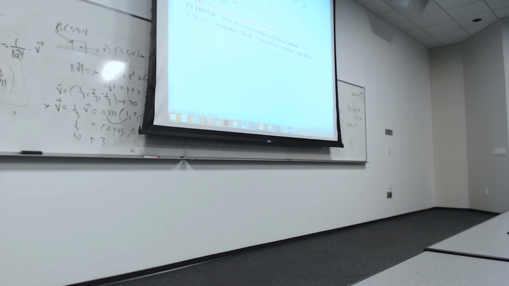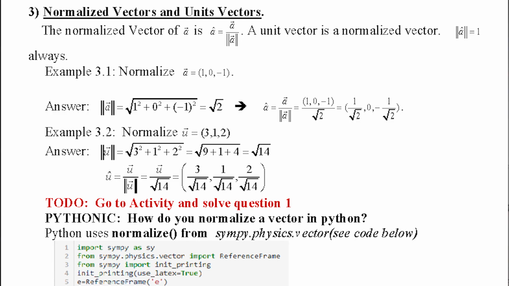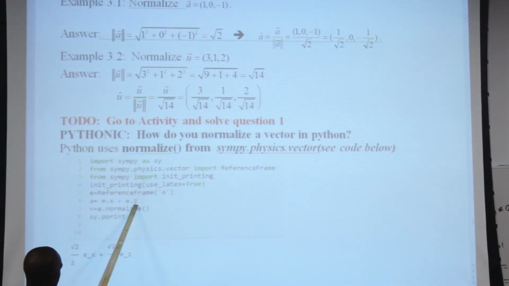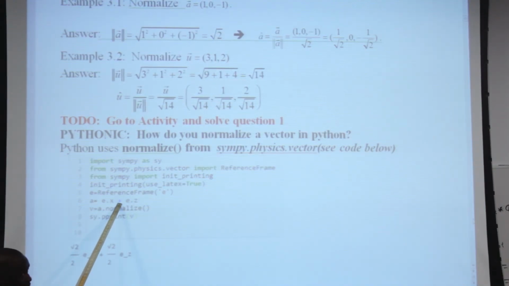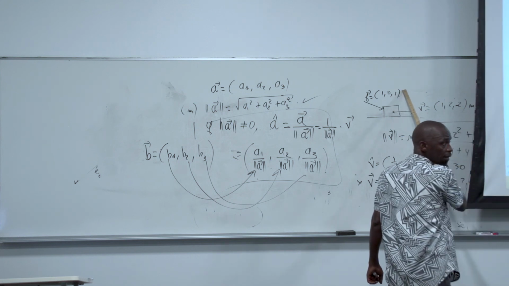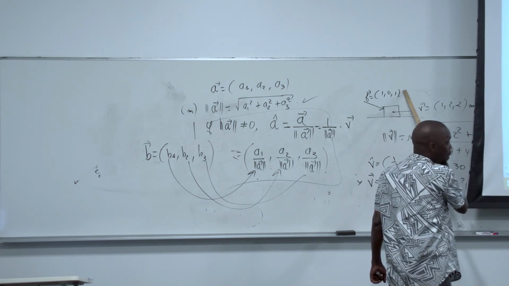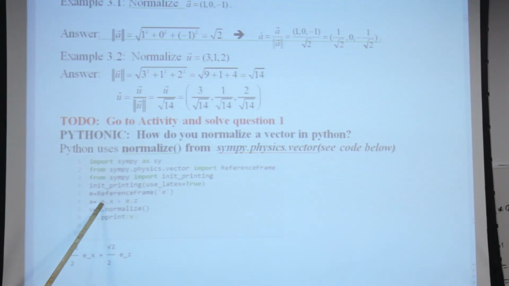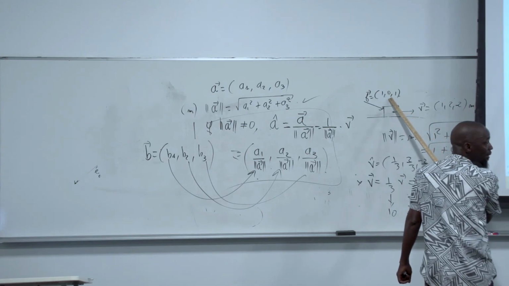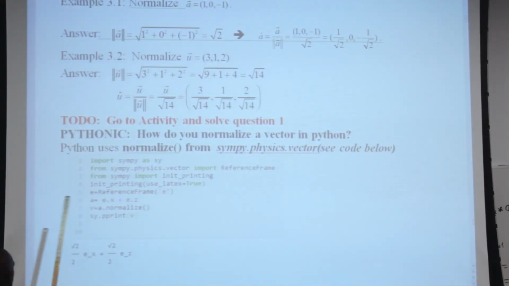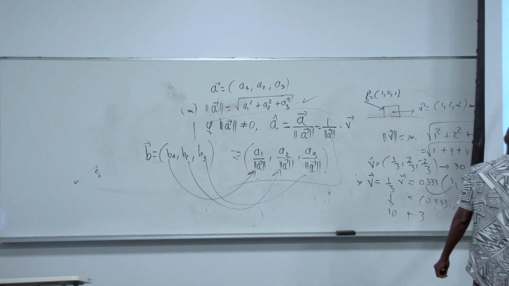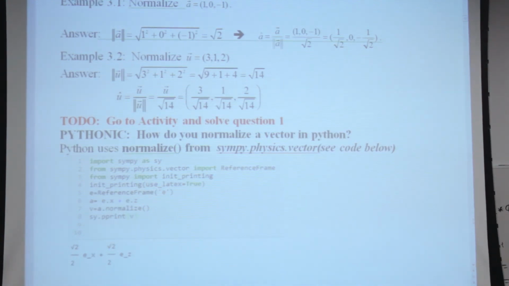And then we know how to normalize a vector. One example here: if your reference frame is E, and this vector is 1, 0, 1, it is 1 on the x-axis, no Y, and 1 on Z. You follow me, guys? 1 on the x-axis, you have 1 here. No Y component, there's no Y here. It means 0 times E.y. And then you have 1 on the Z, that is 1 times E.z. That is this vector.